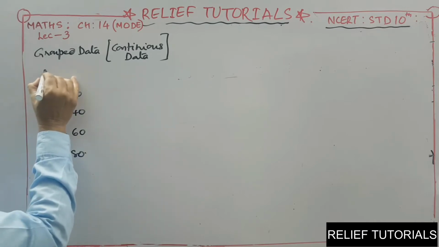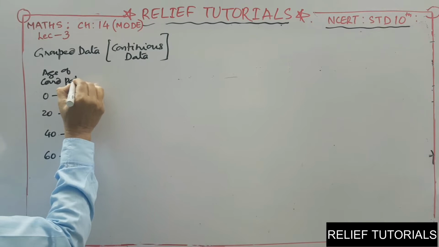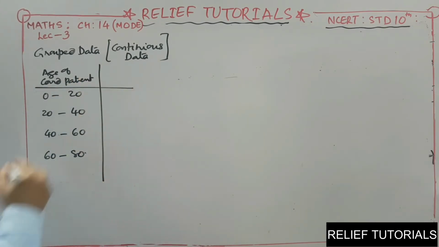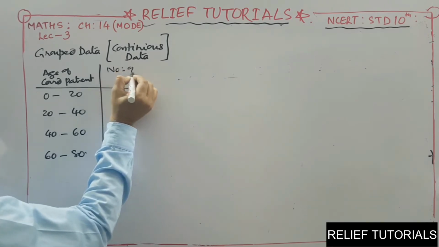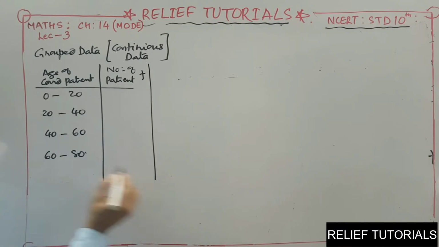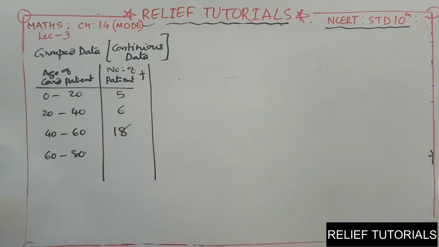Say for example, these are the ages of COVID patients, corona patients. Here number of patients, that is frequency: 5, 6, 18, and 10.